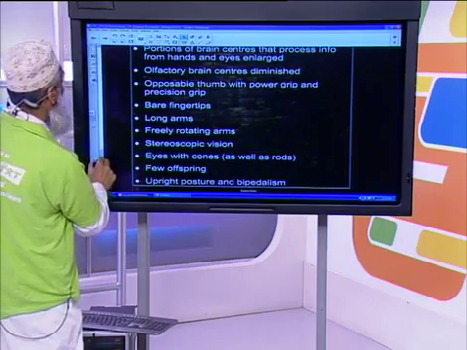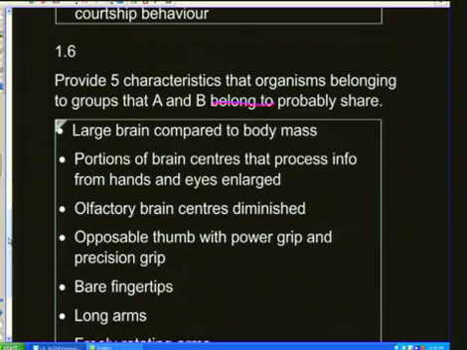Notice I started with the brain. So I say the larger brain compared to body mass. That's number 1. Then I talk about the parts that are enlarged, that's the eyes and the hands. Then I talk about the part that is smaller, that is the olfactory part. Then I go to the hands.